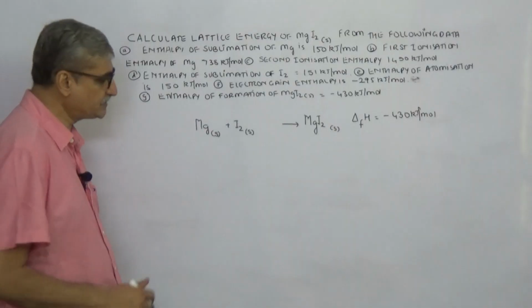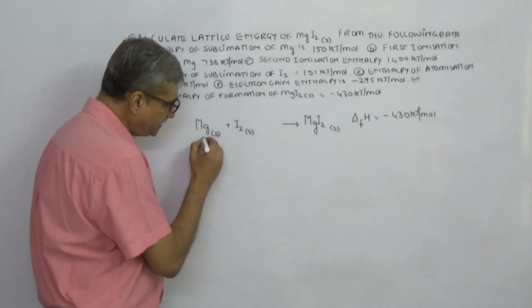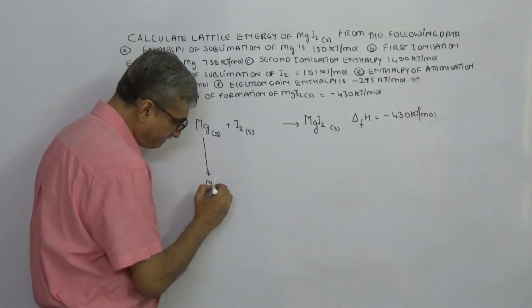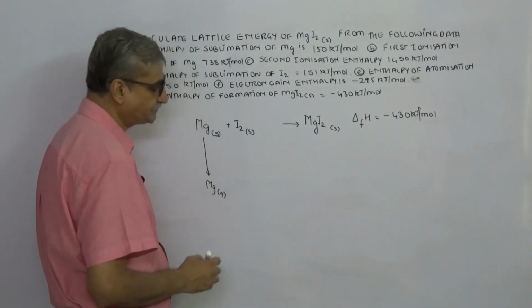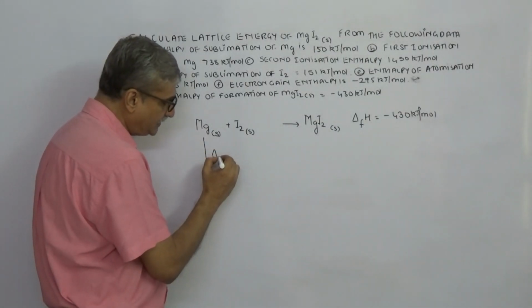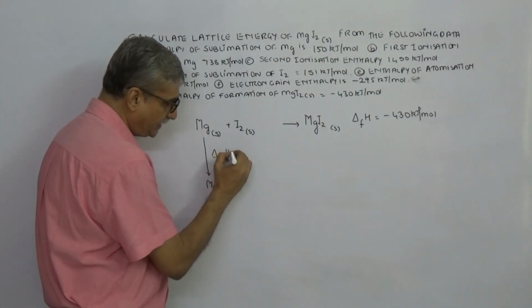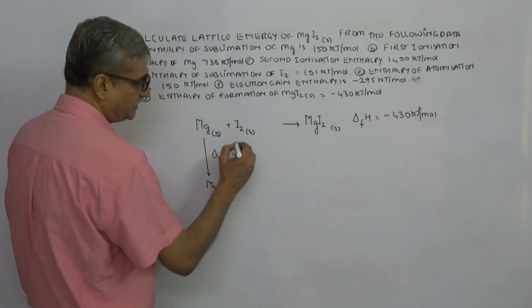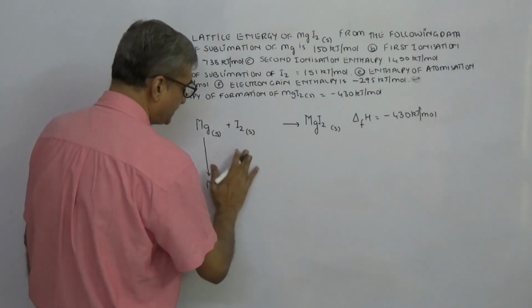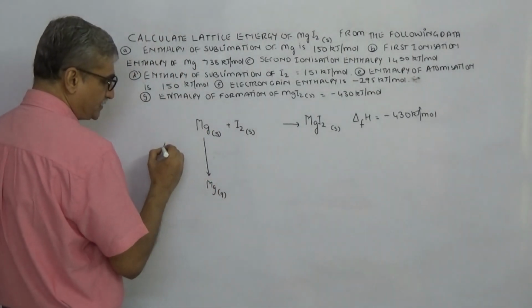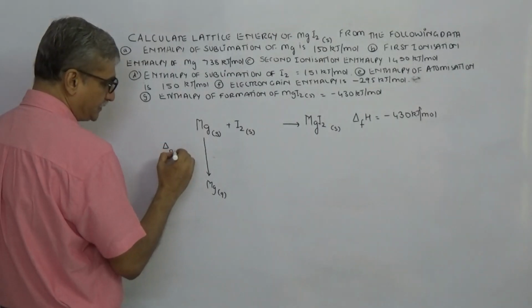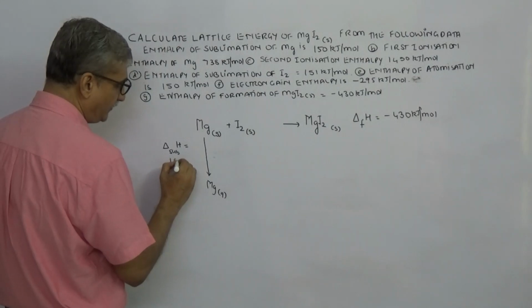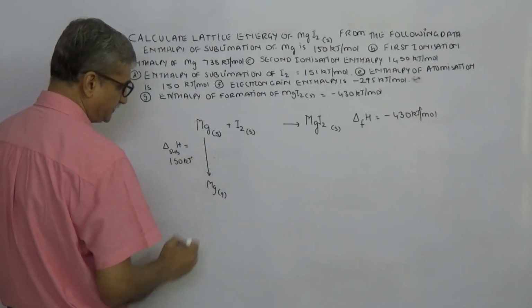Now, how do we use Born-Haber cycle? See, magnesium solid becomes magnesium gas. So this is delta sublimation H. And how much is that given? I'll write it on this side so it becomes easy. Delta sublimation H is 150 kilojoule.